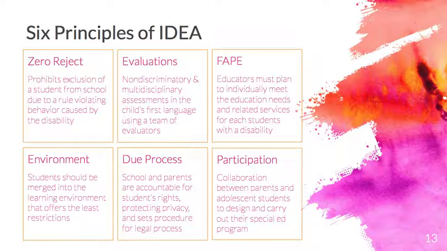Based on the law of IDEA, she was not allowed to be excluded from this classroom because her emotional disability allowed for this behavior. And this is where it gets very tricky because we have to look at the safety of the other children in the classroom, the safety of the teacher, and also the safety of the student that has the disability.